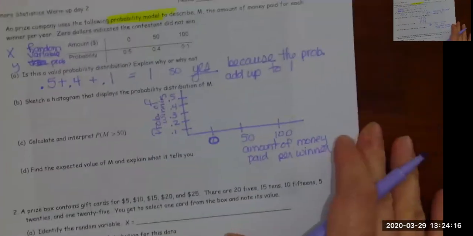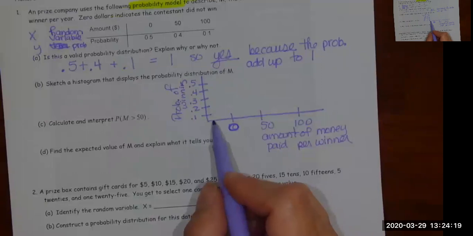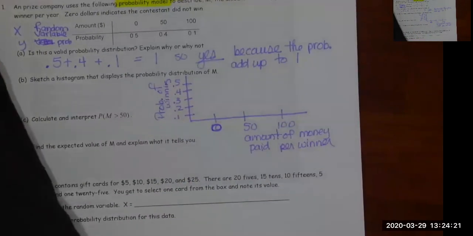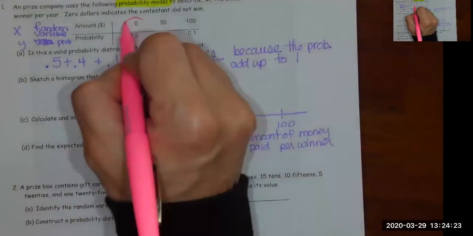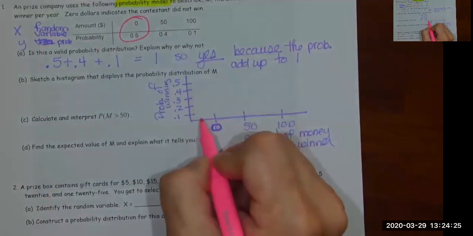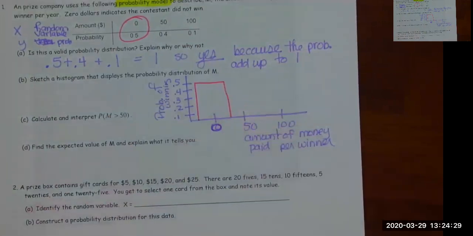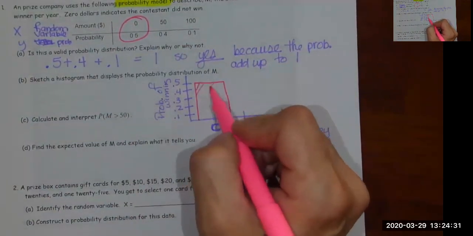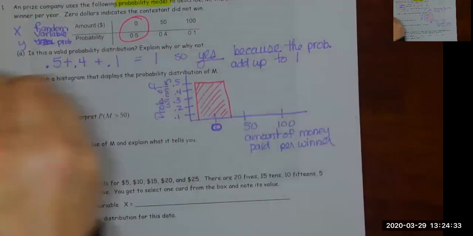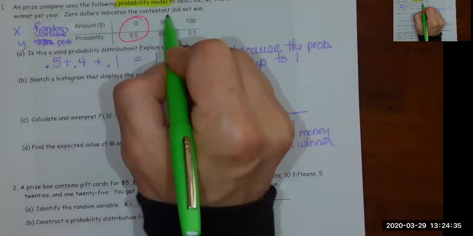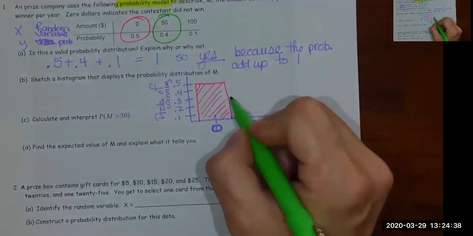All right? Okay. So of not getting any money, my probability is 50%. That's not so good, right? And remember, for our histogram, our boxes must have the same width and they must touch each other. 50 is 40%.